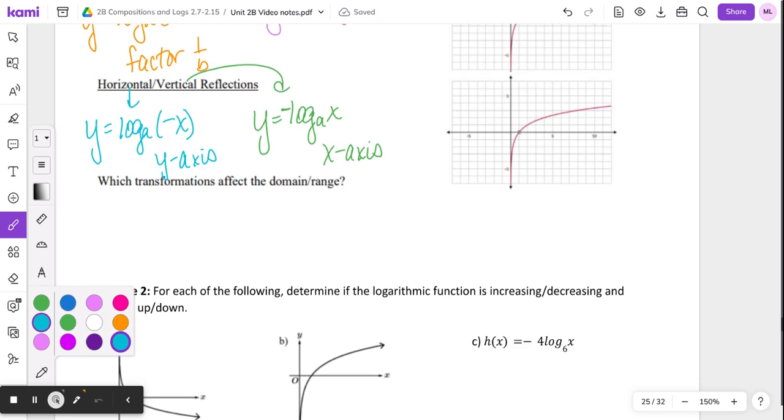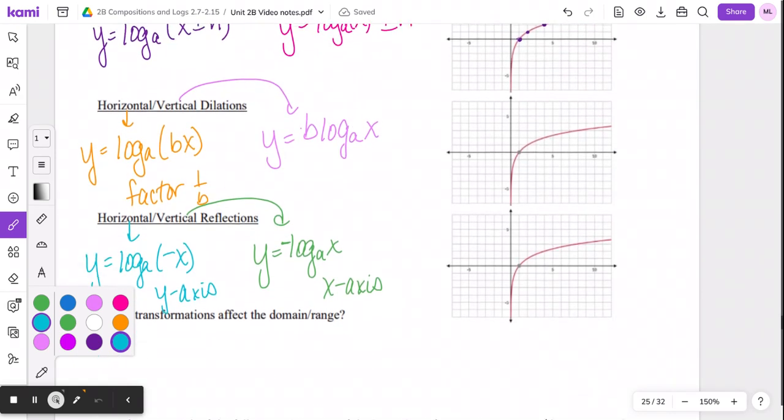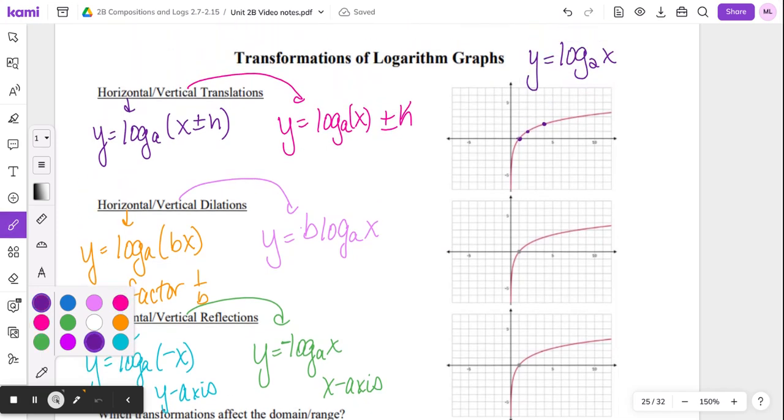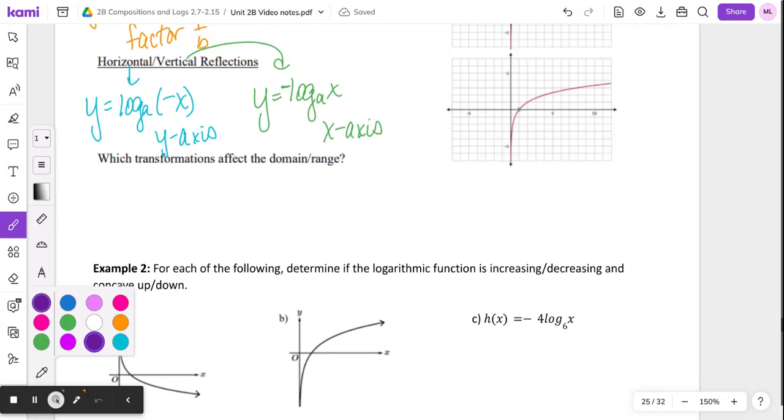So which transformations are going to impact the domain and range? Well, let's go back up here and look. If we add or subtract and go left or right, let's say I went left or right, 3. That would move that vertical asymptote and it would impact the domain.